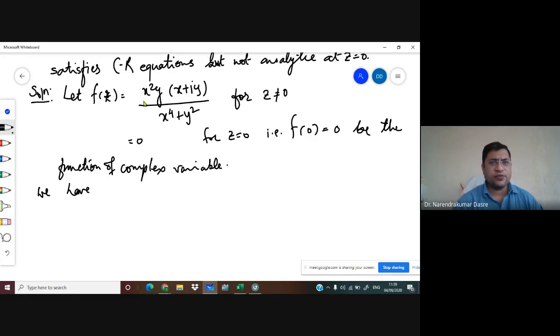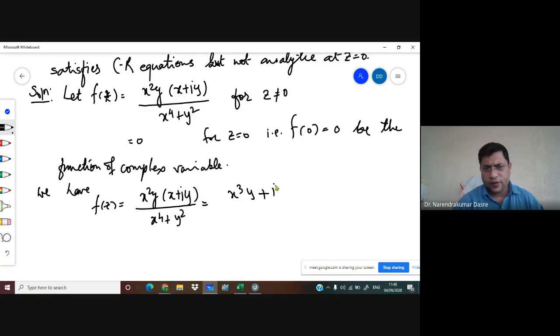Okay, to find the CR equation, first what we have to do is separate the real and imaginary part of this function. So we have f of z is equal to x square y times (x plus iy) over x raised to 4 plus y square. So what we'll get here is x cube y plus i x square y square over x raised to 4 plus y square.